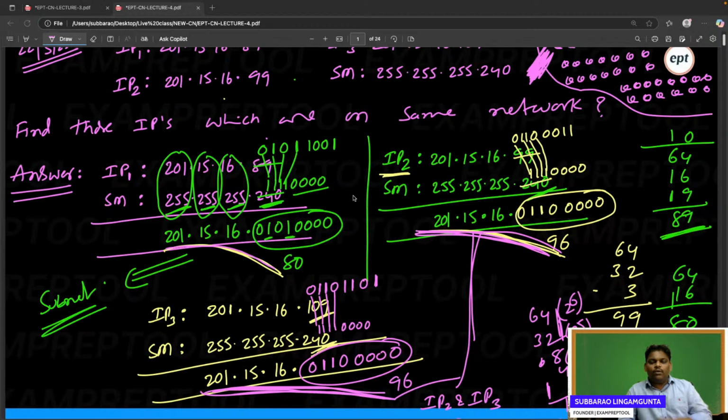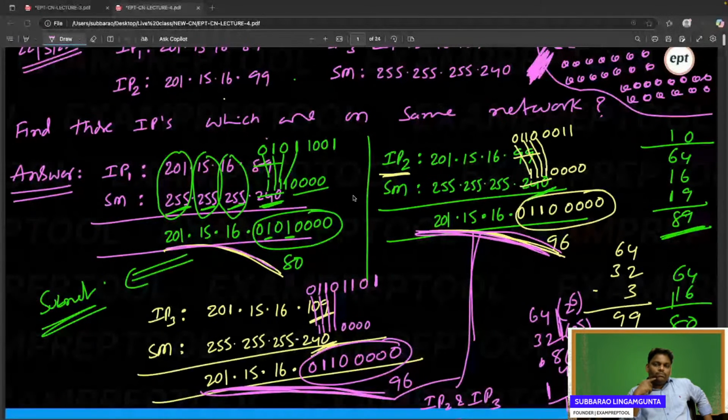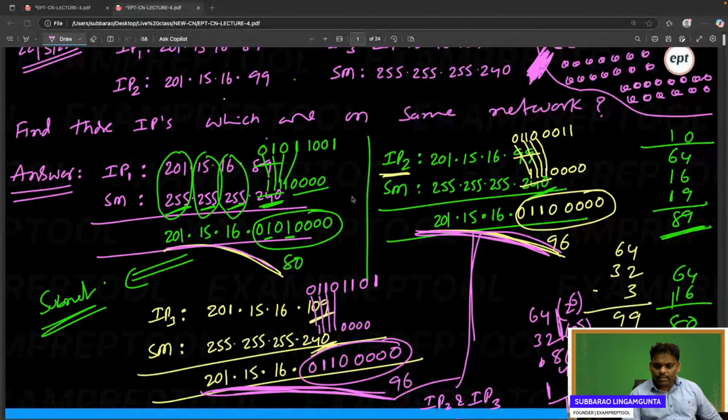Everyone should respond. Shikar, can I move to next? Durgesh, can I move to next? Yeah, let's move to next. No one having any doubt? Let's move to next.